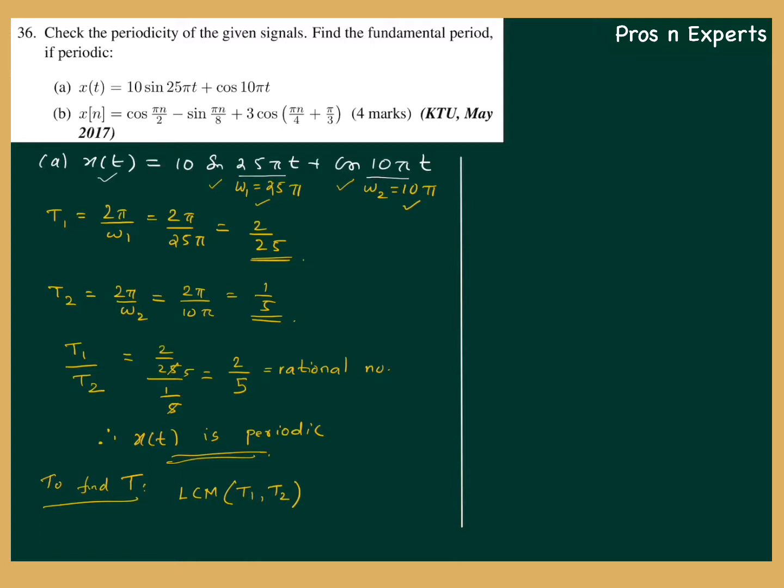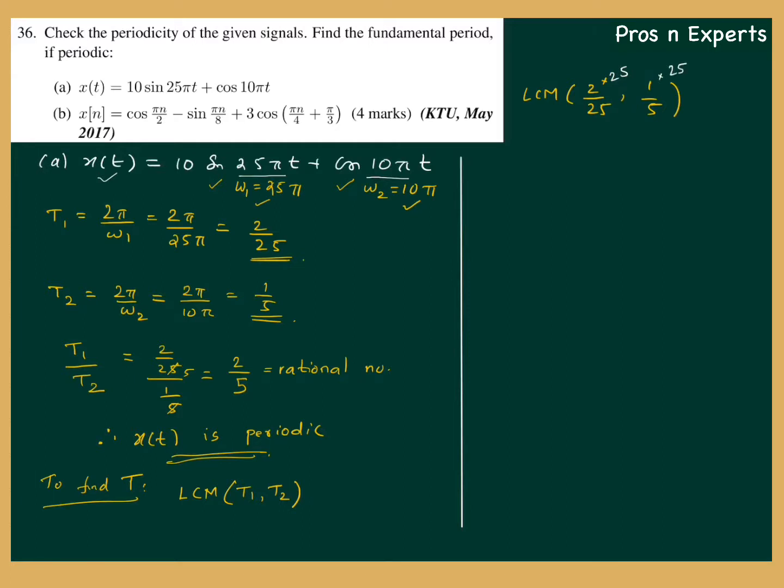We know T1 is 2 by 25, so the LCM of 2 by 25 and T2, which is 1 by 5. You have to find the LCM of two fractions. Check the denominators: one is 25 and the other is 5. The LCM of 25 and 5 is 25, so multiply both fractions by 25.